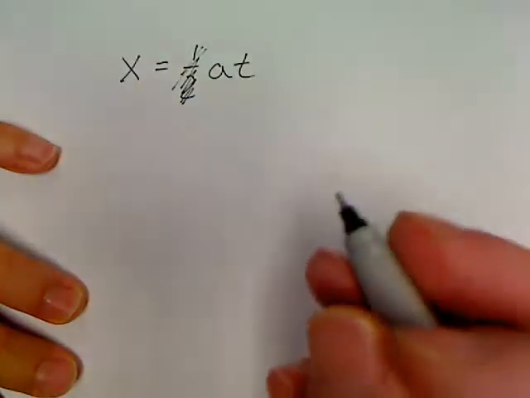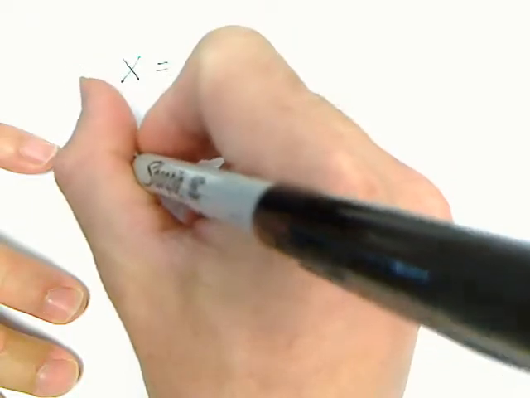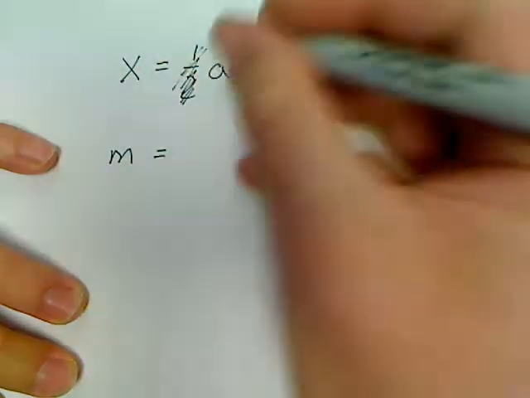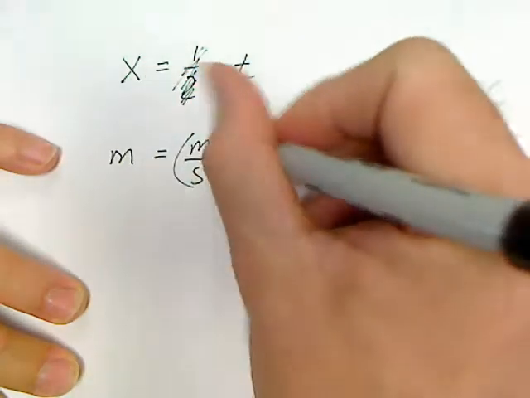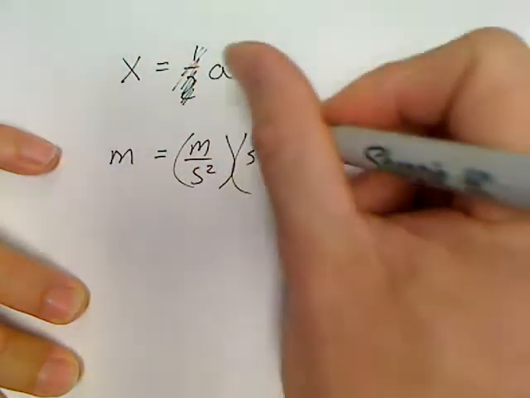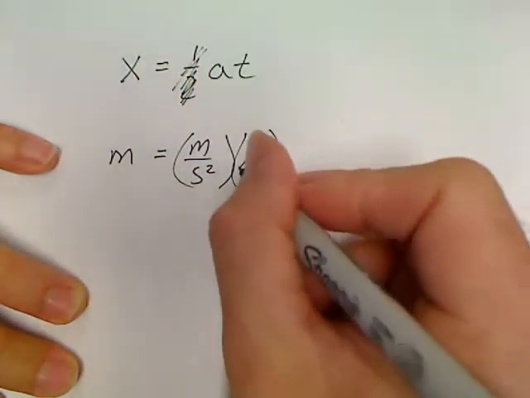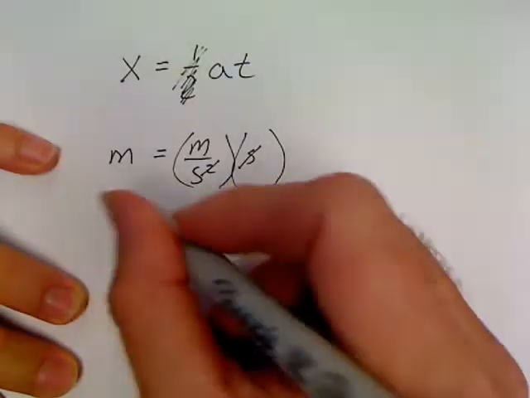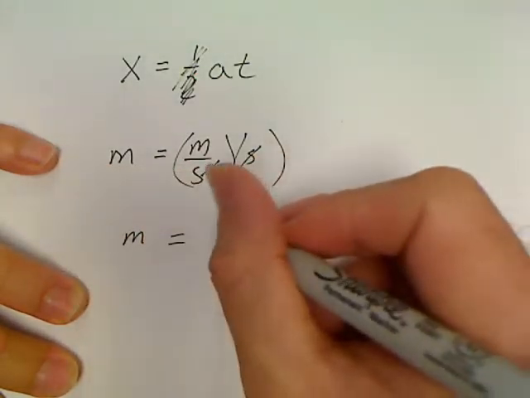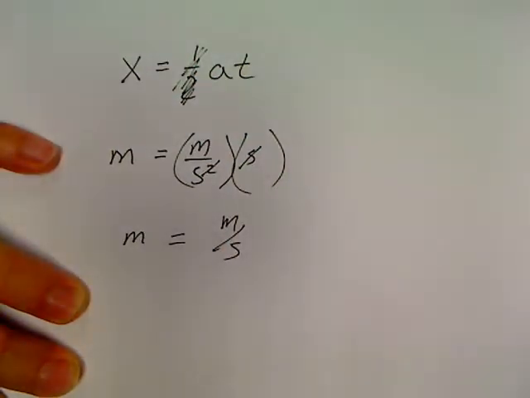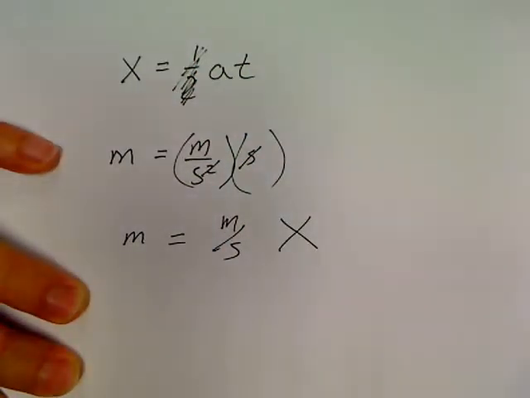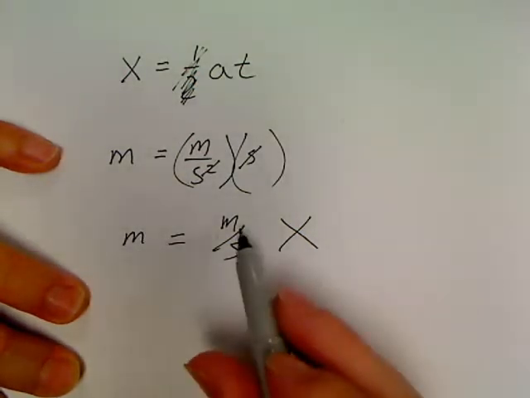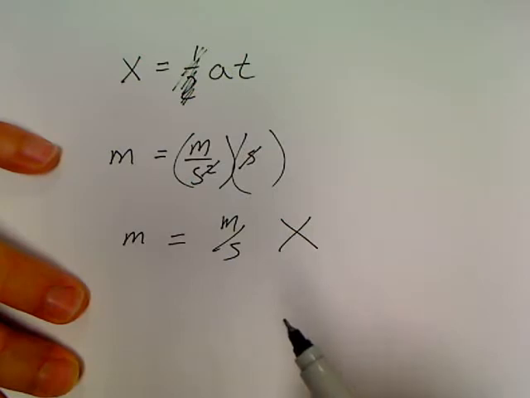So I can just go ahead and say x, the unit is a meter. a, the unit is a meter per second squared. Time, the unit is a second. If you look, your second cancels your square, and we're left with meter on one side and meter per second on the other, which means this equation is not dimensionally accurate. If this side cancels to a meter, that side's got to be a meter as well.